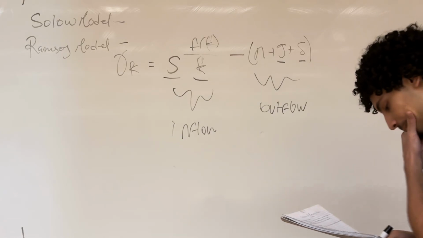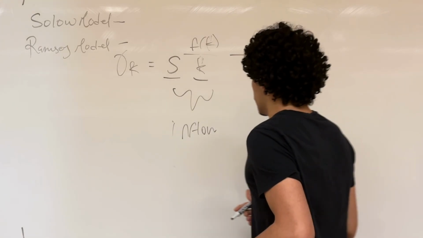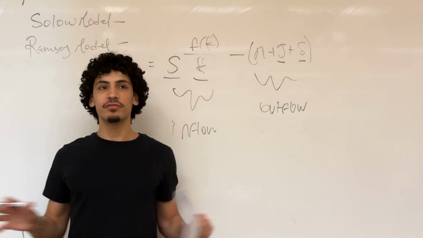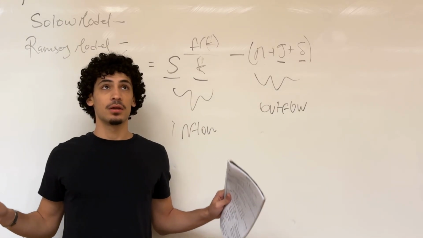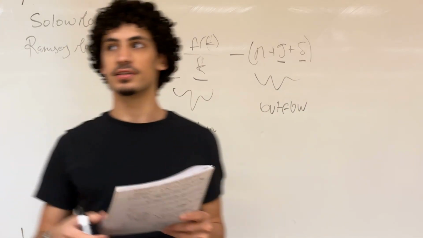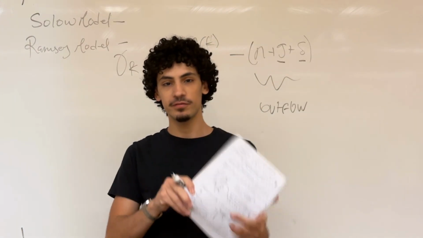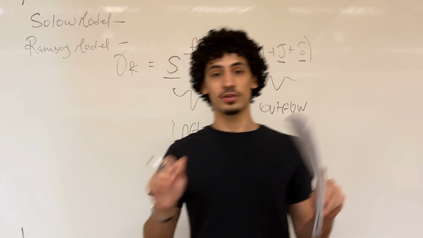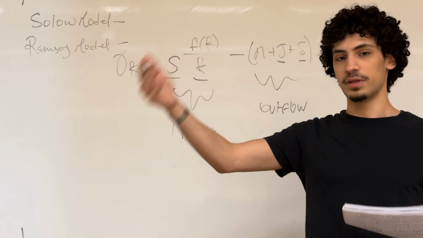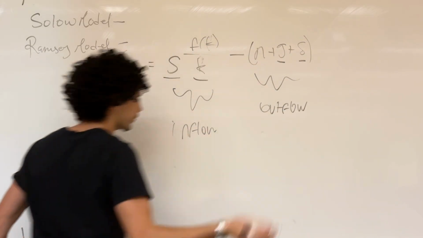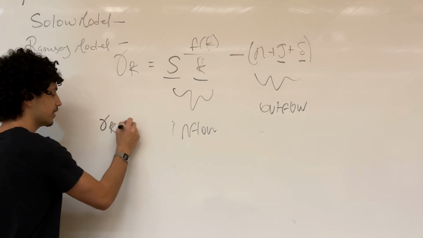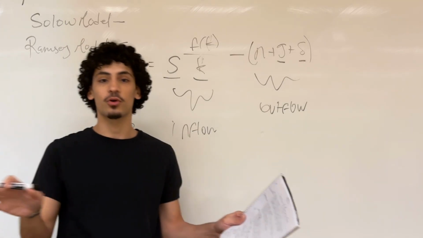Now, for every type of model, there's a steady state. The steady state is the perfect balance of inflow to outflow, when inflow is equal to outflow. To find that, first we set the growth of capital equal to 0, so there's no more growth.